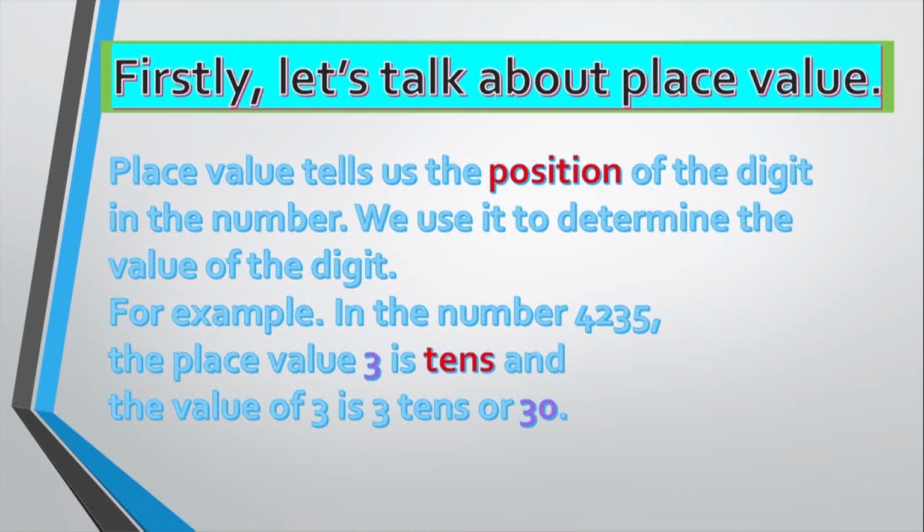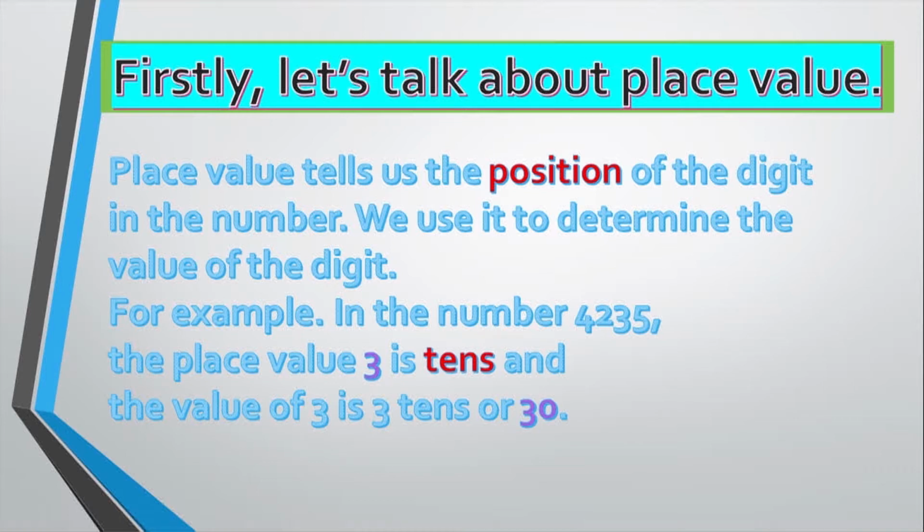So we have a number here. We have 4,235. As you can see, in that number, there are 4 different digits. Good? When we're talking about place value, if we're using the 3 for an example, that 3 there is 3 tens. So it's 3 tens, that's the place value. We know that it comes right after the ones because we start on the one side.